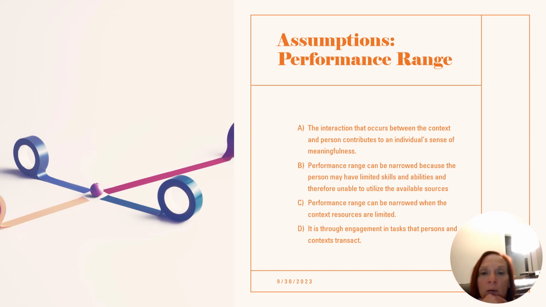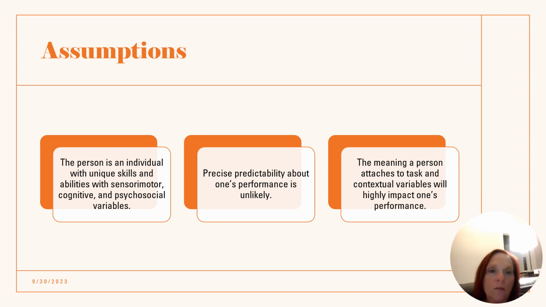Or it can be narrowed when the context resources are limited. And it is through the engagement in the task that the person and context transact. So they have to engage for there to be that transaction. The person is an individual with unique skills and abilities in sensory motor, cognitive, and psychosocial variables. So there's your person broken down there. Precise predictability about one's performance is unlikely.